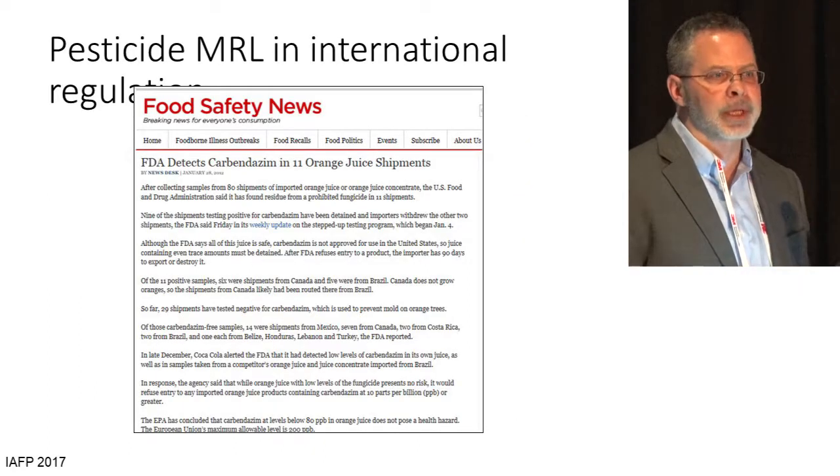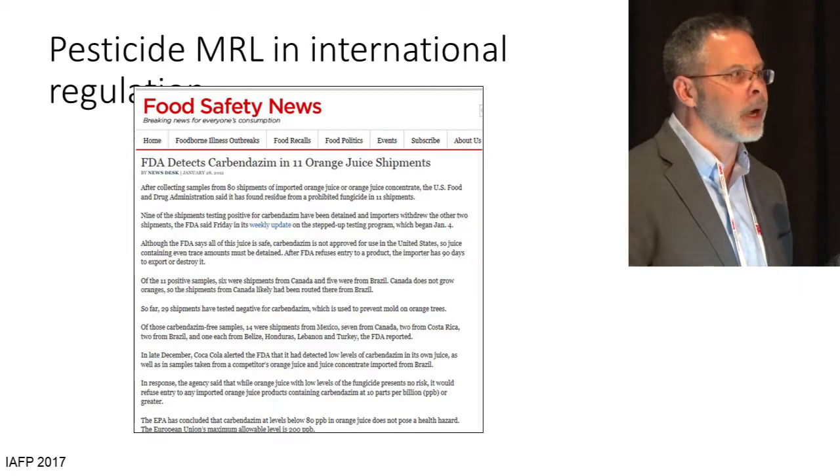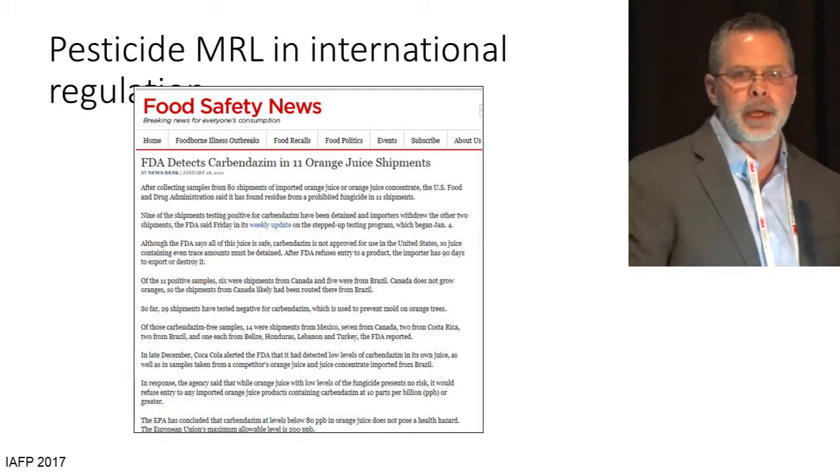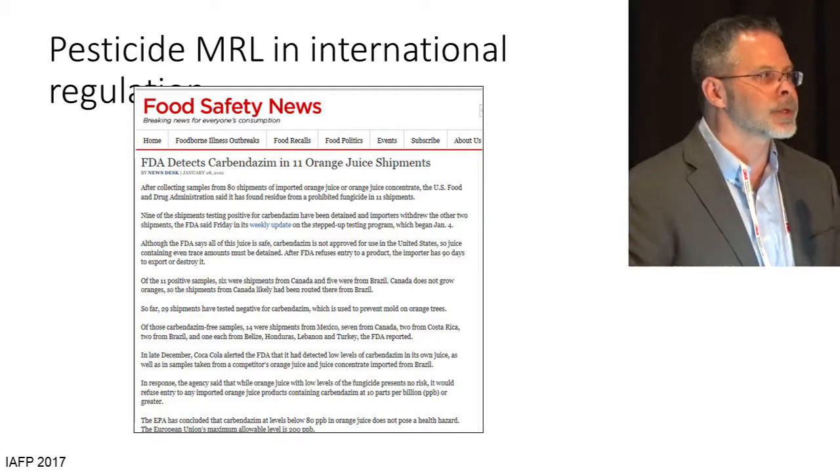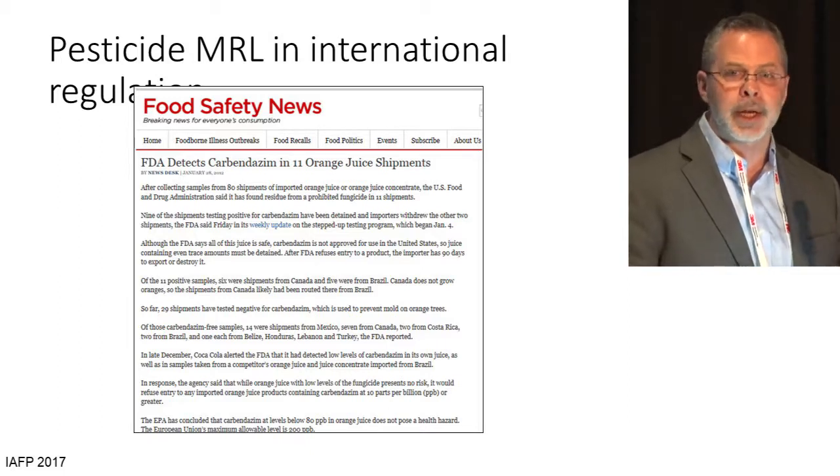This is a case of carbendazim in orange juice, and I don't know if any of you recall this. This was where the FDA, on importing orange juice into the U.S. from Brazil, found carbendazim, which is legal in Canada and legal in Brazil.